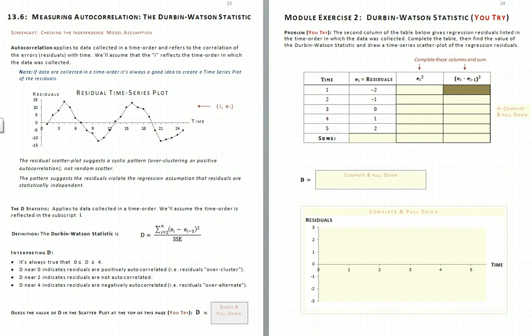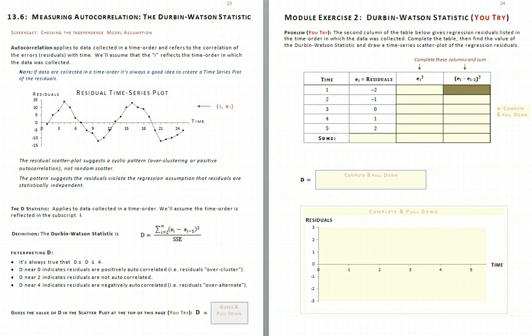This scatter plot shows a definite cyclic pattern. The residuals tend to overcluster or change too slowly over time. This type of residual time series behavior is common and is referred to as positive autocorrelation. Positive autocorrelation suggests the independence model assumption is violated.